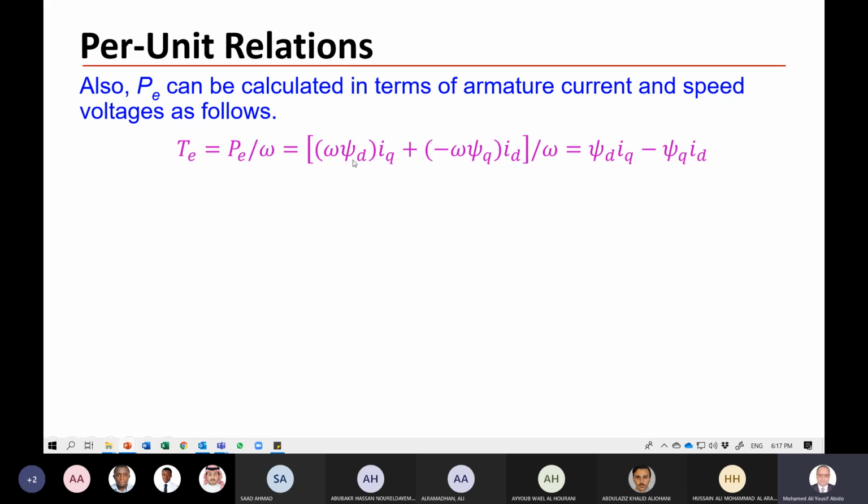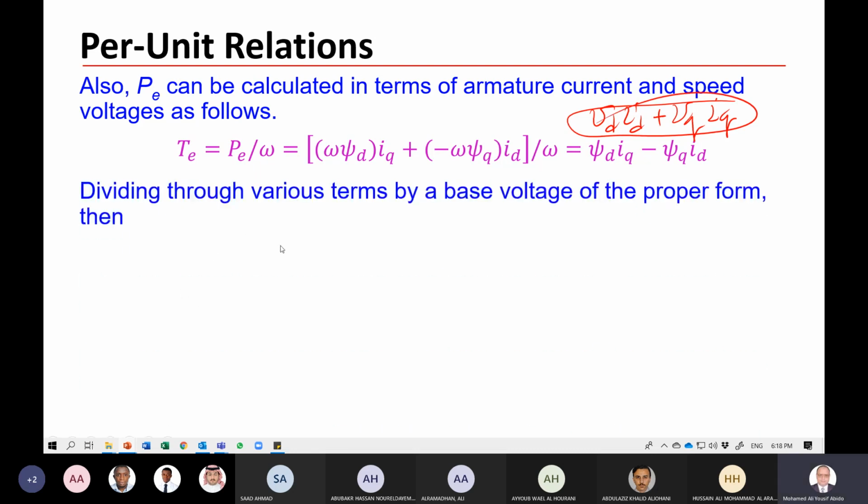So you have omega times lambda or psi per unit times Iq plus this times Id, or we can have the torque per unit as psi d Iq minus psi q Id. Or later we will see also in terms of Vd Id plus Vq Iq. So this is in terms of voltage and current.